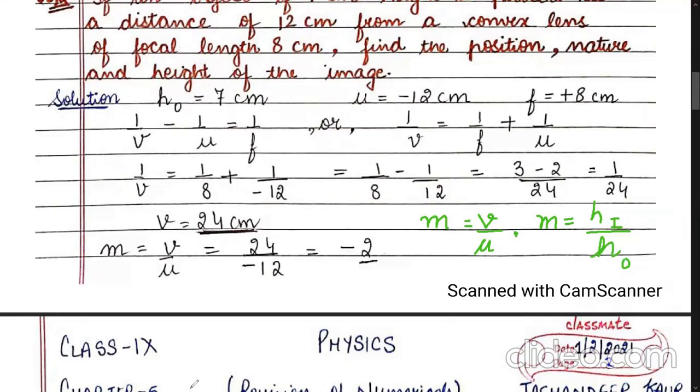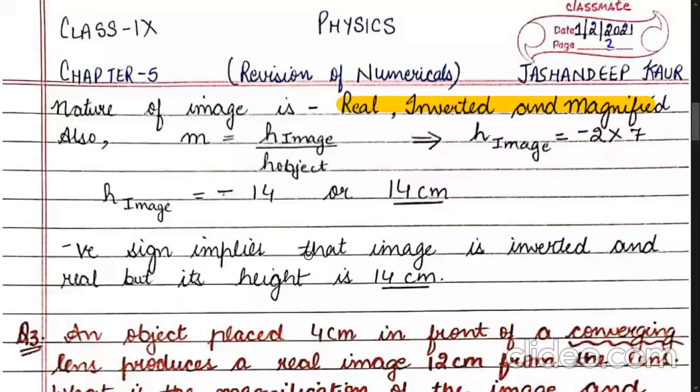And now we have to find height of image. So we will use the second formula, that is magnification is equal to height of image divided by height of object.